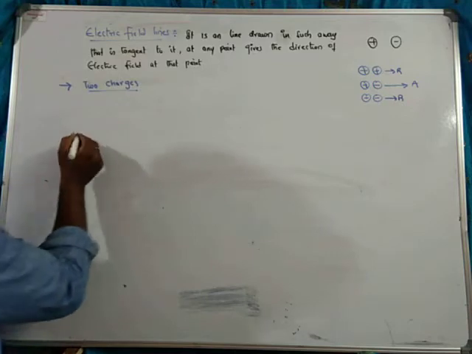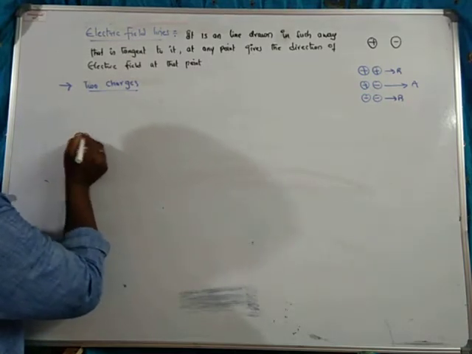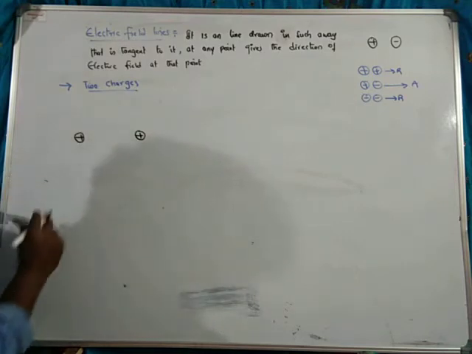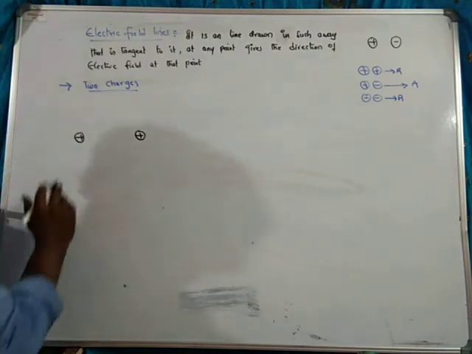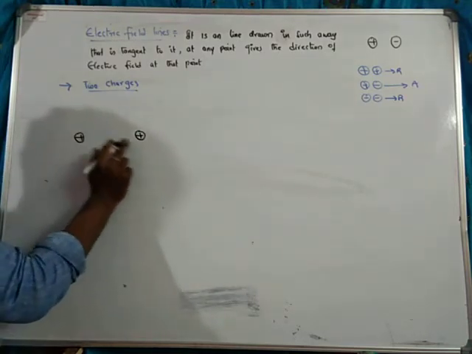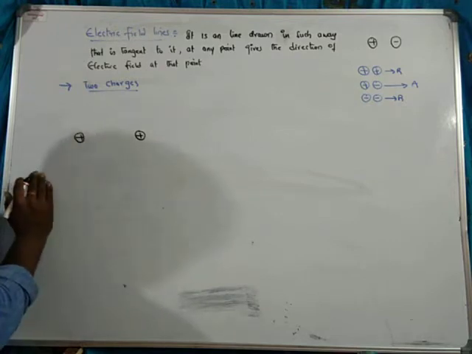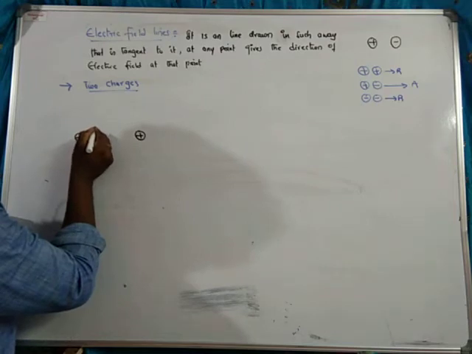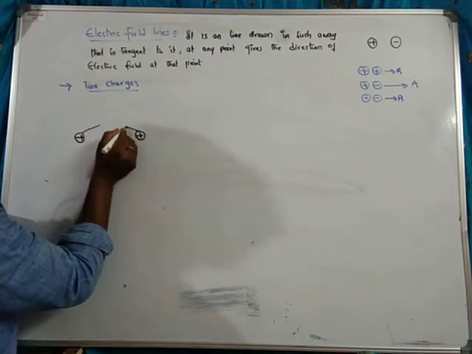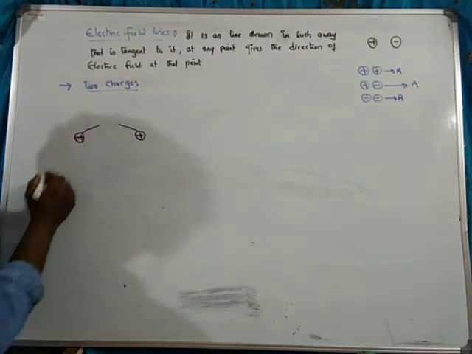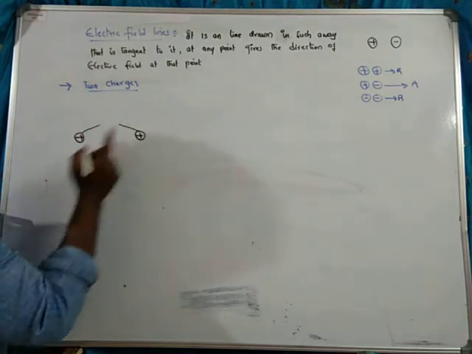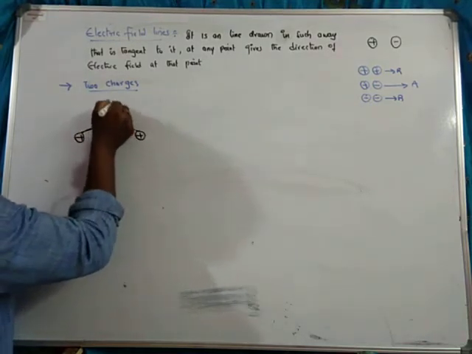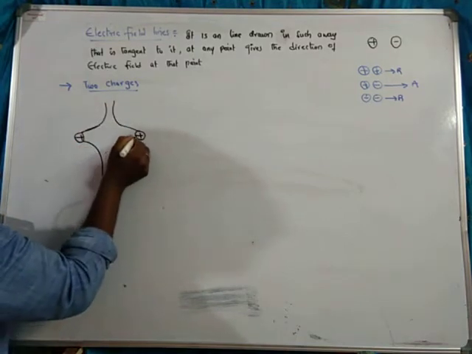The first one: whenever we consider a positive charge and place one more positive charge at a certain distance r, the positive charges will repel. Whenever each is sending out field lines, both sets of field lines will not intersect because both are in repulsion. The direction of the field lines will move like this.